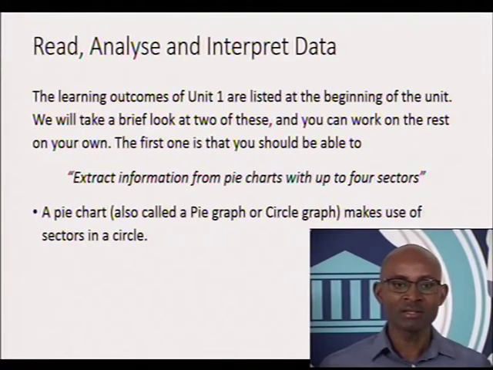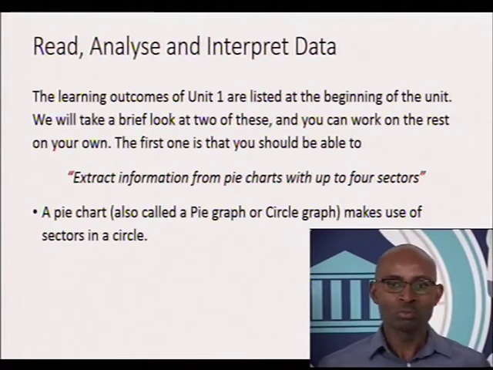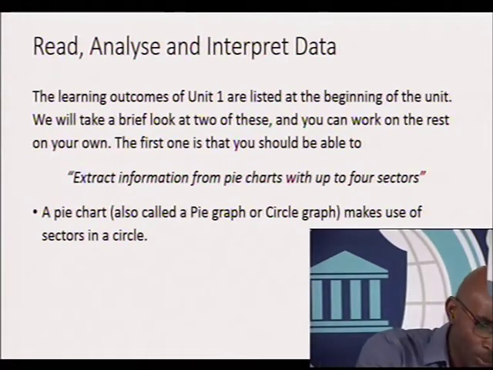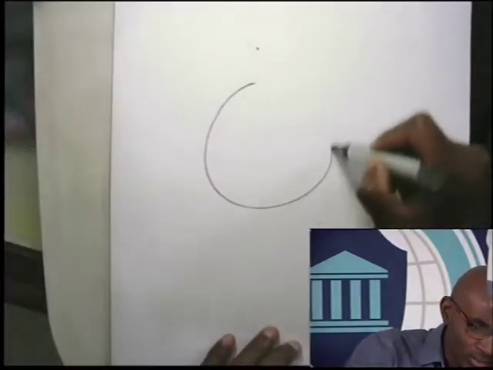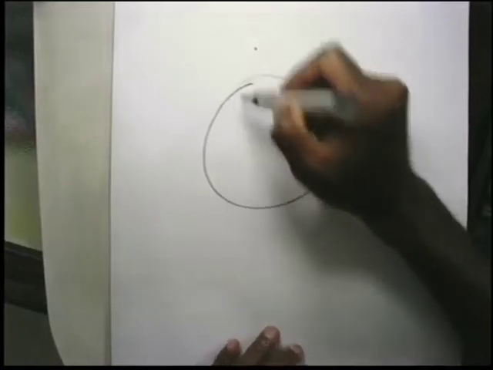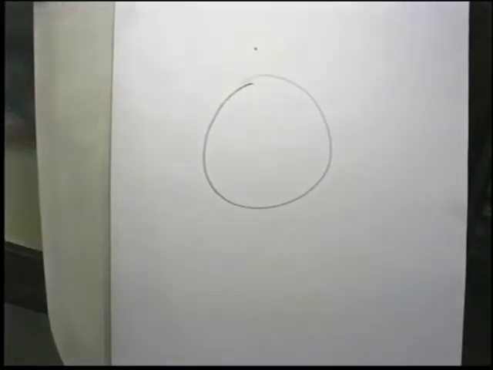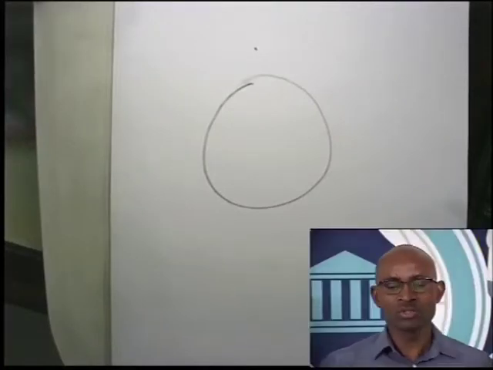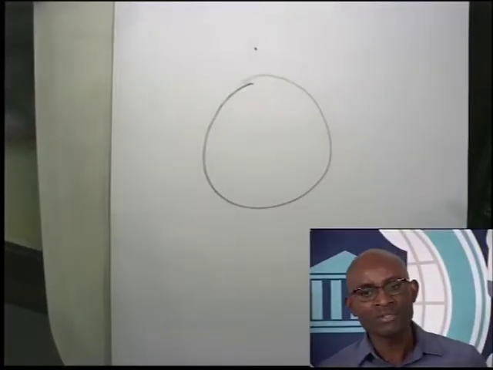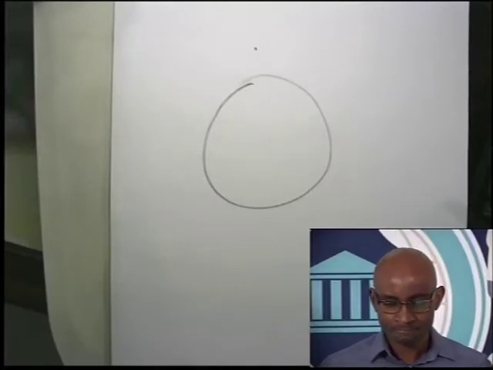Now, a pie chart makes use of sectors in a circle. Of course, I'm sure most of you are familiar with what a pie is. A pie is something that takes the shape of a circle. That's why it's called a pie chart or sometimes a circle graph.